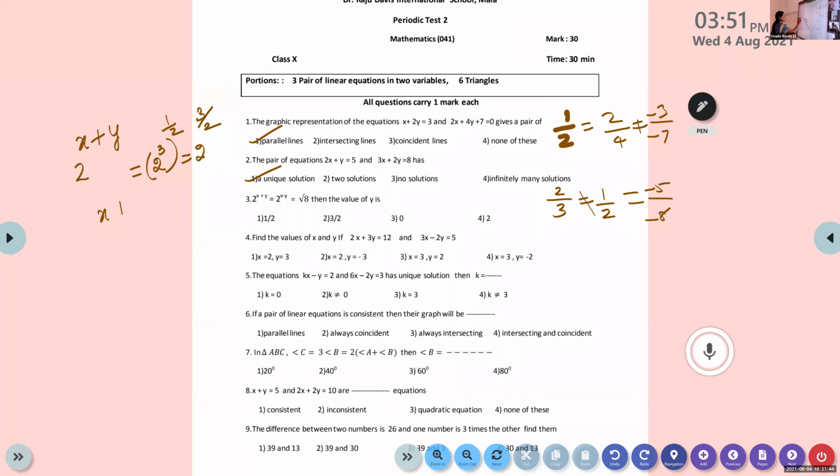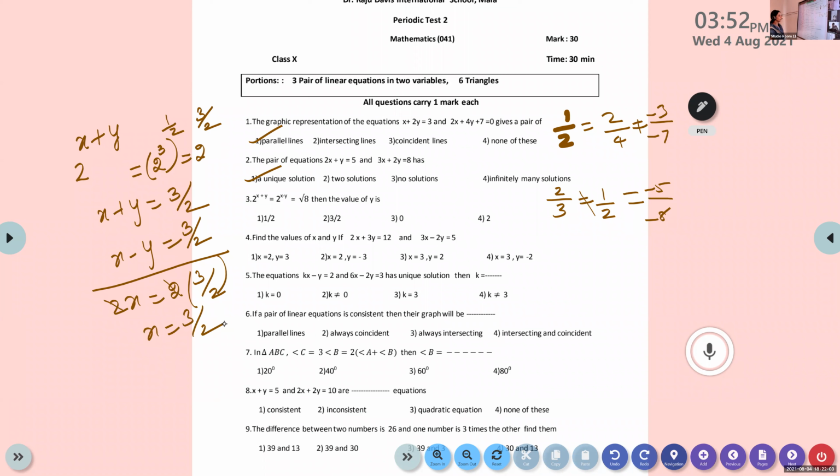So we get the first equation as x plus y is 3 by 2, and the second equation x minus y is also 3 by 2. Then adding these two equations, we get 2x is equal to 2 times 3 by 2. So 2 will get cancelled. So x will be 3 by 2. If x is 3 by 2, what is the value of y? Y is 0.